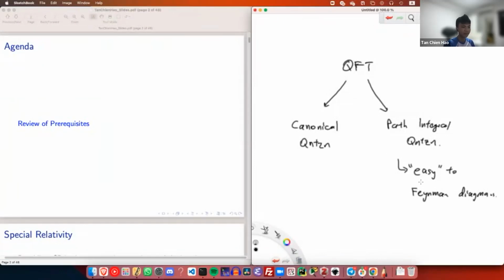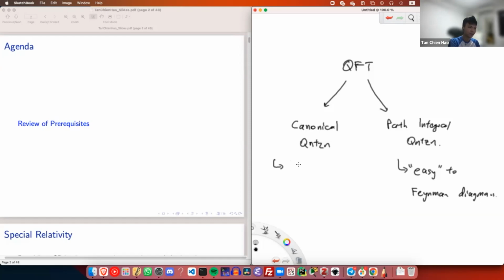It's very easy to derive Feynman diagrams from the path integral formulation. Whereas for canonical quantization, you need to go through quite a few steps before you can even reach the calculation of a scattering amplitude. So in some sense, canonical quantization is a bit more involved.